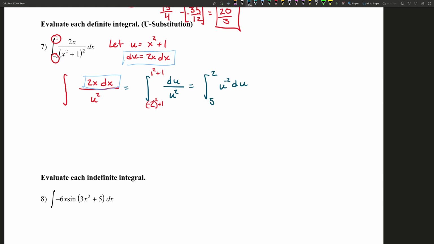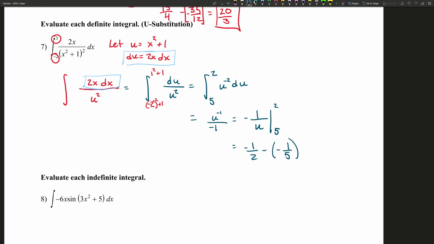Then we just take that integral using the power rule and evaluate as we would for a definite integral. So this would be u to the negative 1 over negative 1, which is equal to negative 1 over u, evaluated from 5 to 2. So this equals negative 1/2 minus negative 1/5.